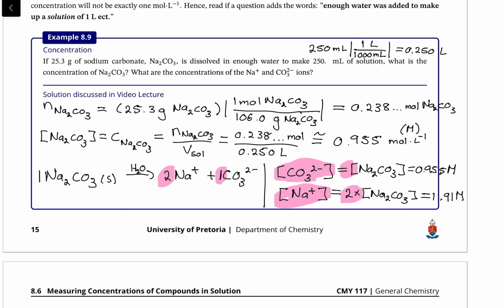Also, while we're on the topic, even though you sometimes write salts as having a concentration, that's not really a physical interpretation of it. Salts don't exist in solution, so it's always the ions that are in solution. Just be aware of that.